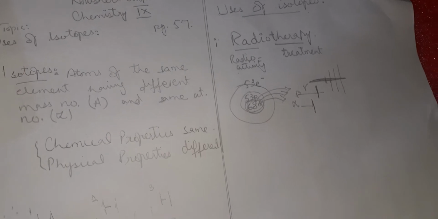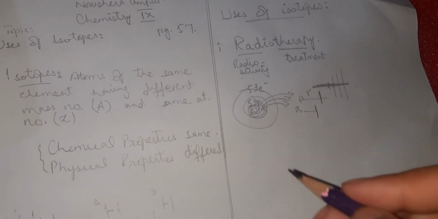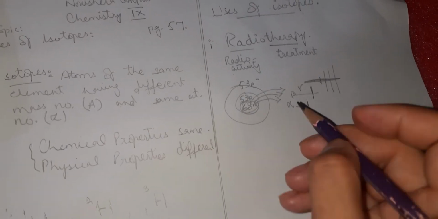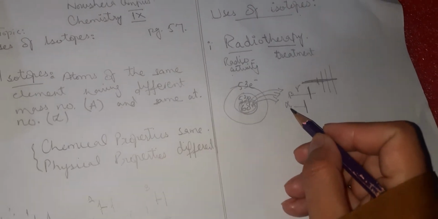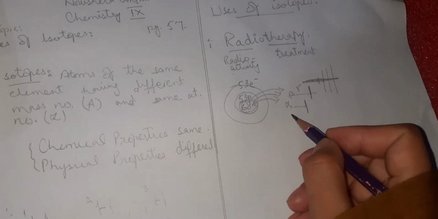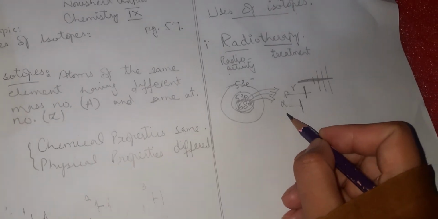So there are many elements which have quite unstable isotopes, and if the isotopes are unstable, they are continuously releasing some sort of energies or these energetic rays.